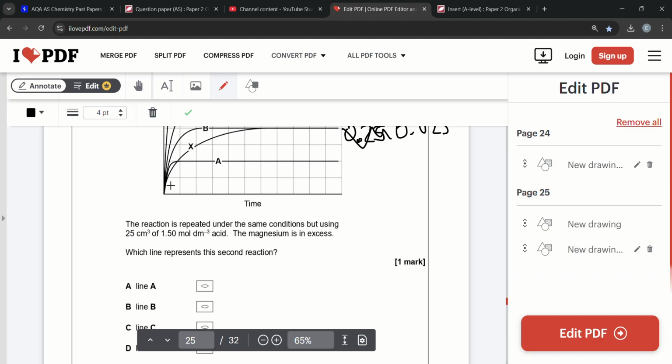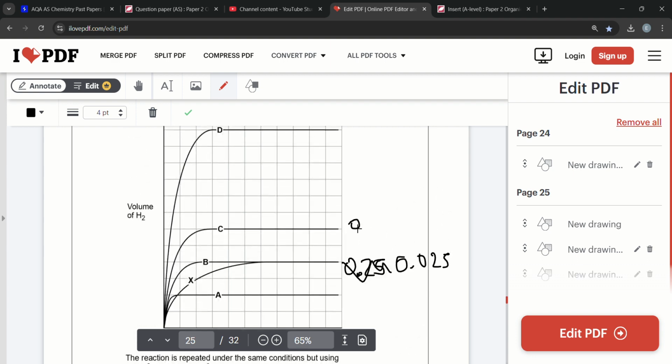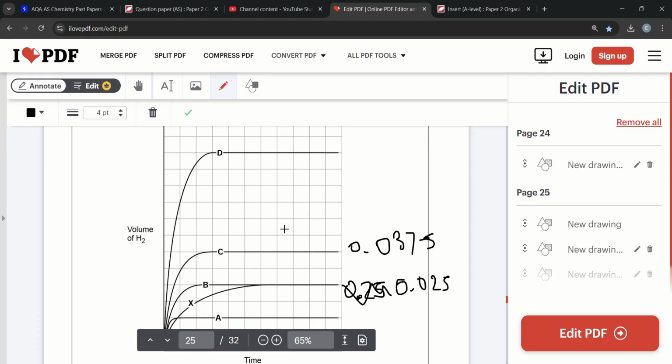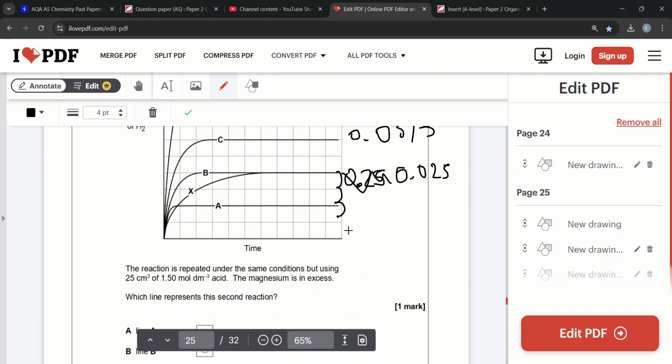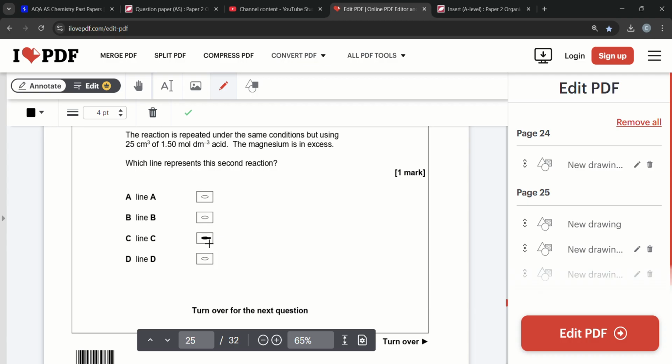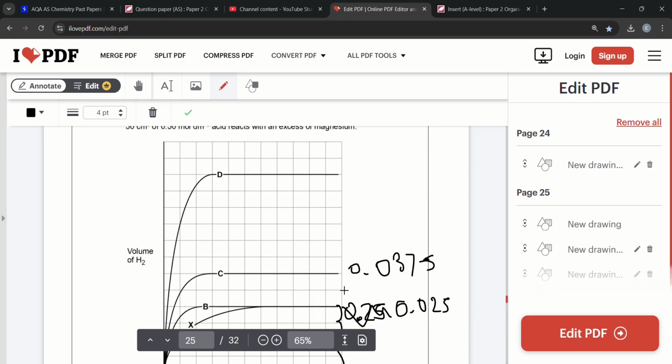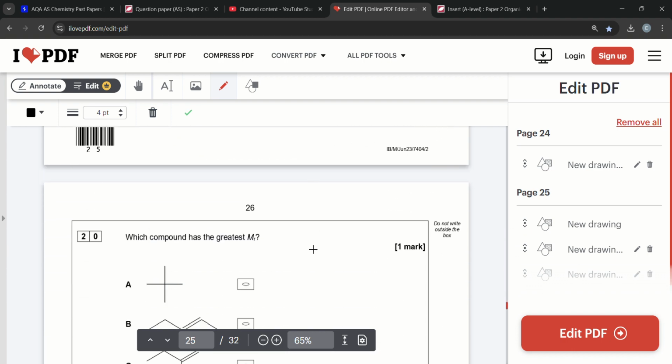Moles, concentration and volume. 0.0375. And it's quite clearly going to be either C or D. But I'm just assuming it's C. If we actually look at it, 1, 2, 3, 4. The answer is C. It can't really be D because that would be way bigger than 0.0375. But the answer is, yeah, C.